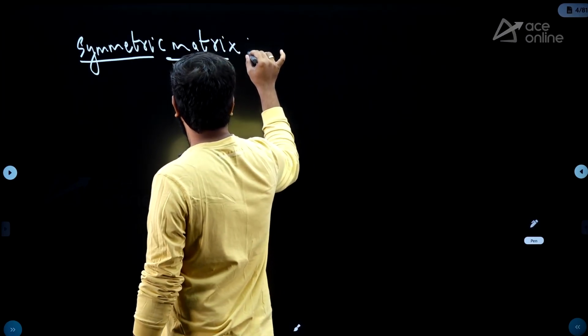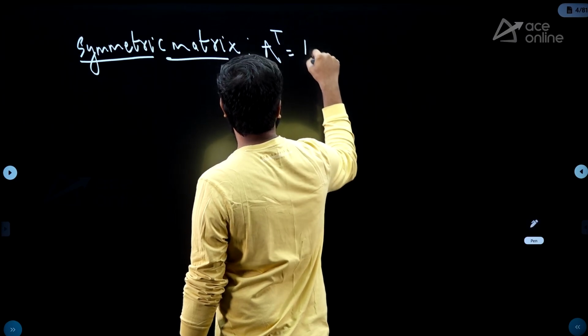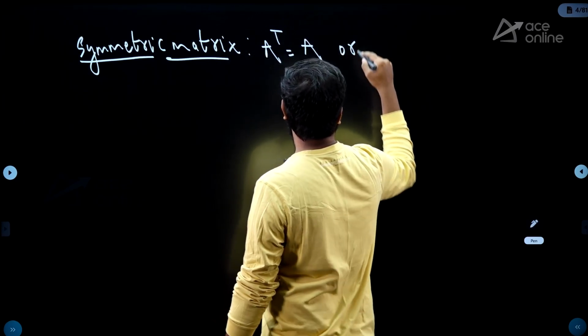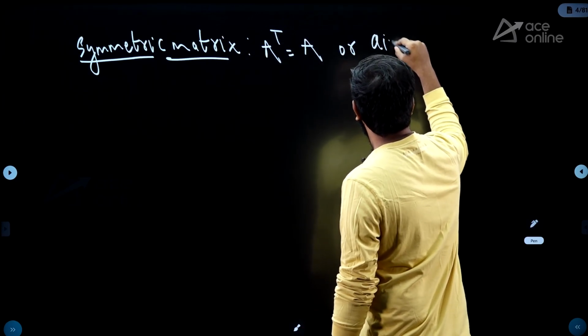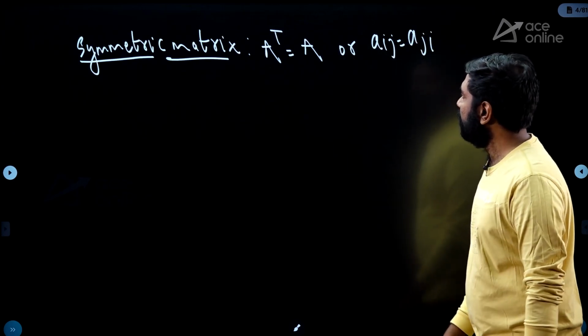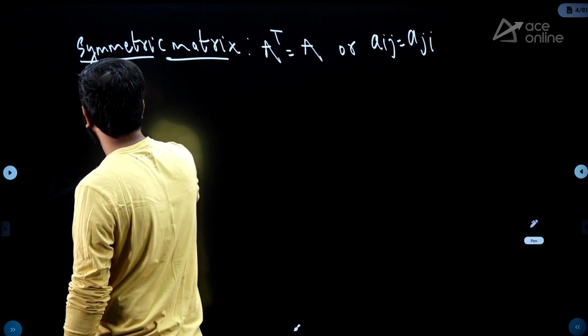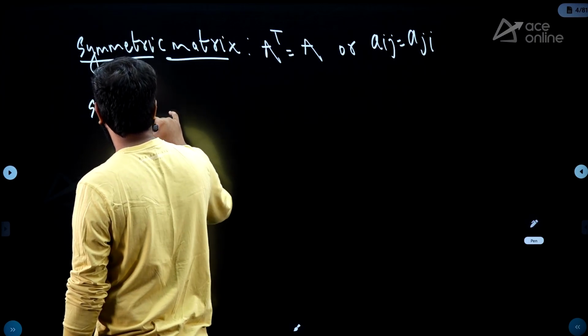What's the condition for a symmetric matrix? The condition is that A transpose has to be equal to A, or simply Aij should be equal to Aji. This is the condition for a symmetric matrix. So what's a skew-symmetric matrix?